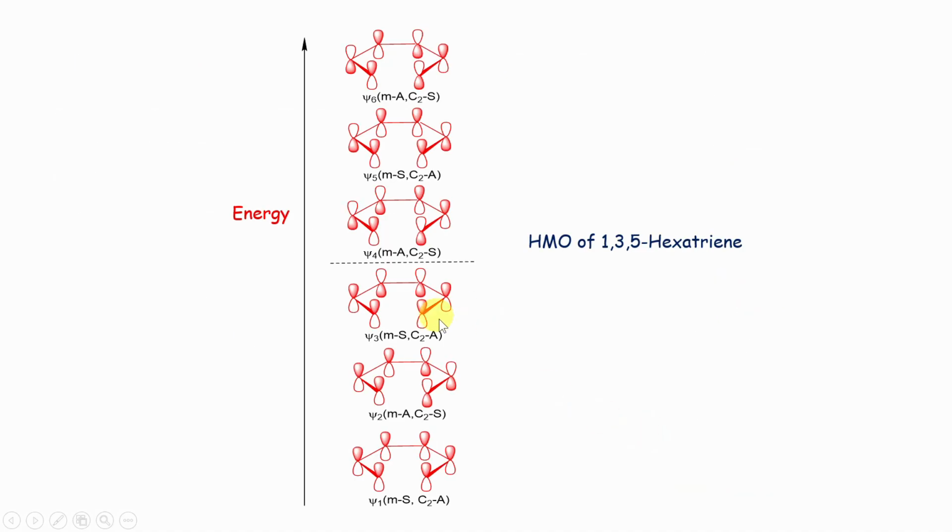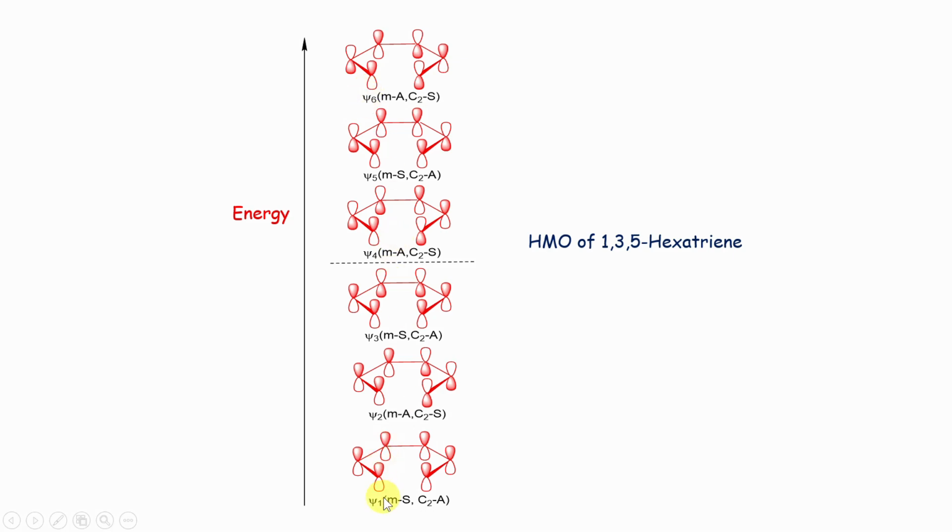Similarly, in the case of 1,3,5-hexatriene, there are 6 carbon atoms over which the pi molecular orbitals are distributed. The 6 pi molecular orbitals are represented as psi 1, psi 2, psi 3, which are bonding molecular orbitals. Psi 4, psi 5 and psi 6 are anti-bonding molecular orbitals.